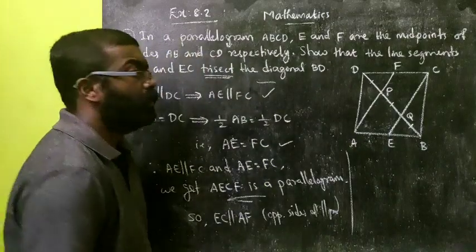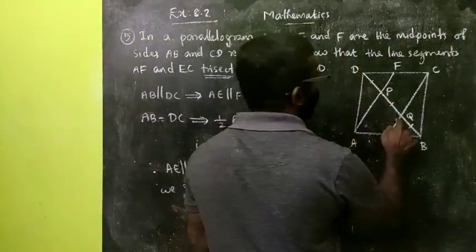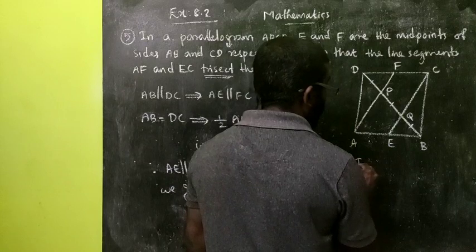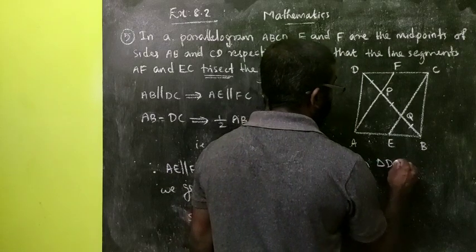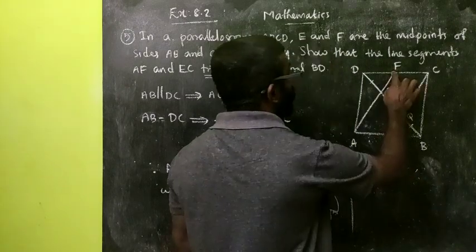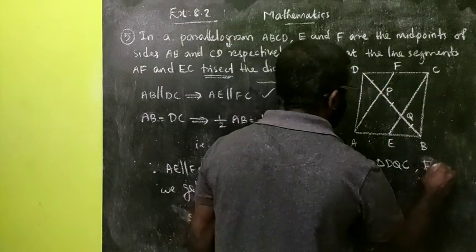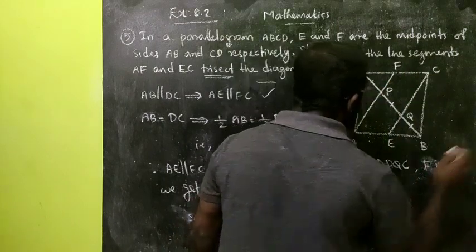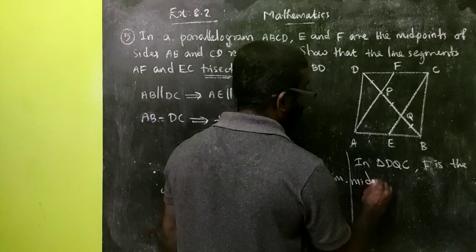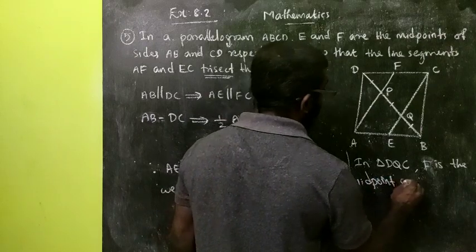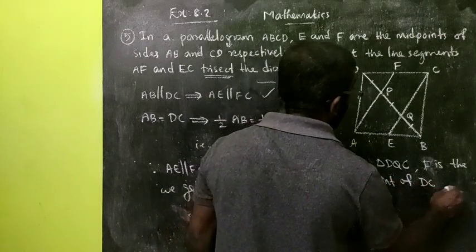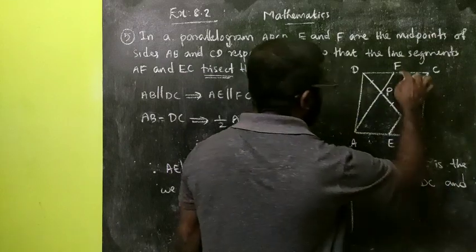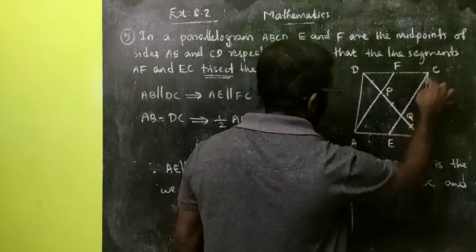Now we can consider triangle DQC first. In triangle DQC, F is the midpoint of DC and the line FP is parallel to CQ.